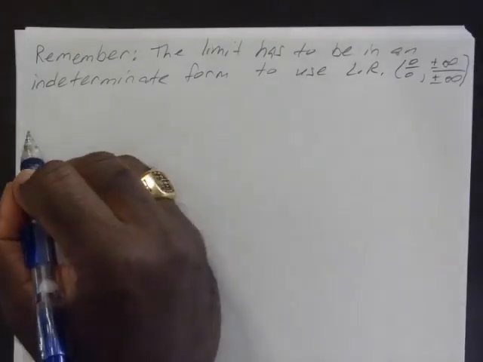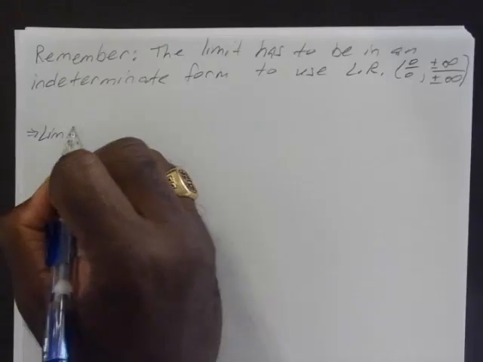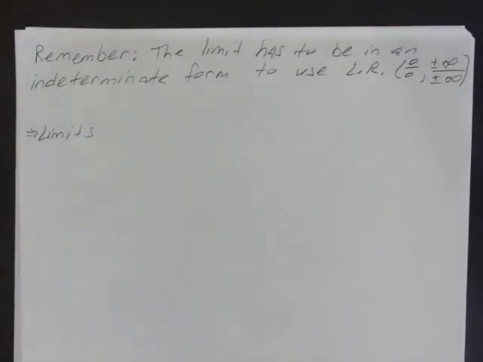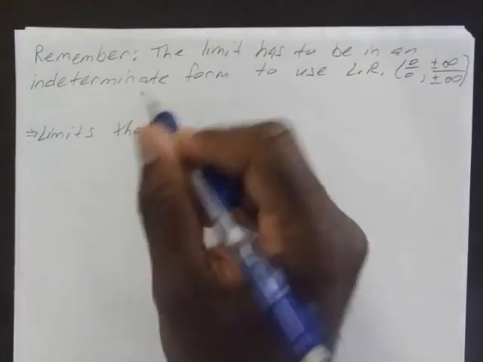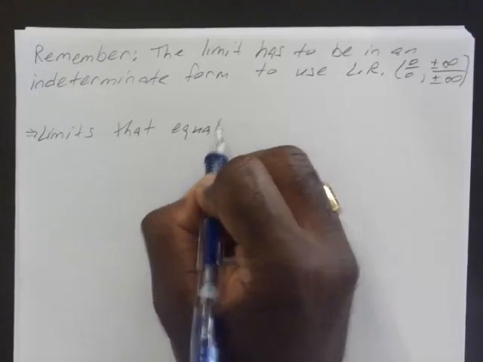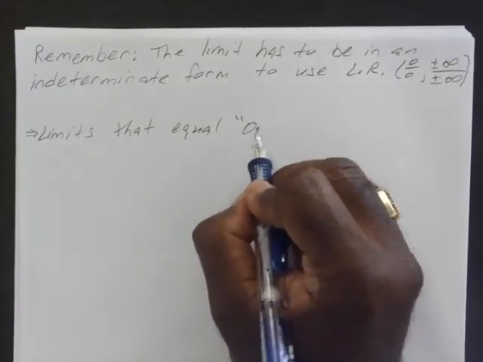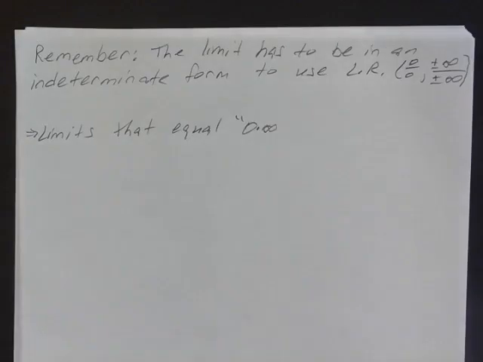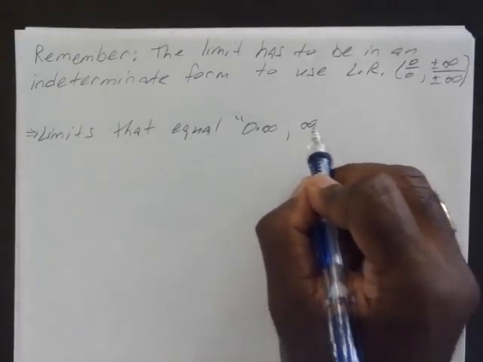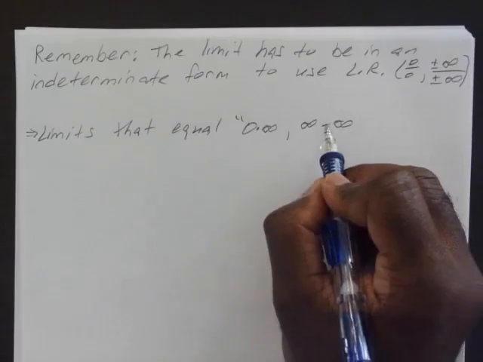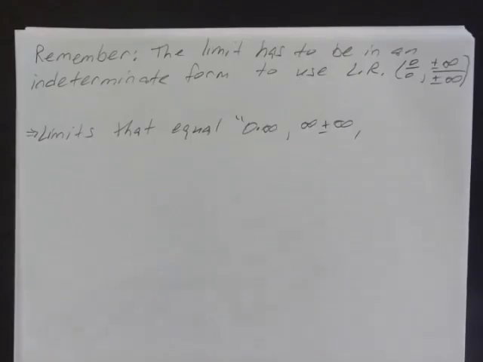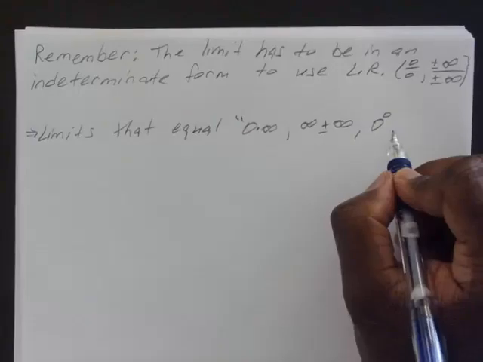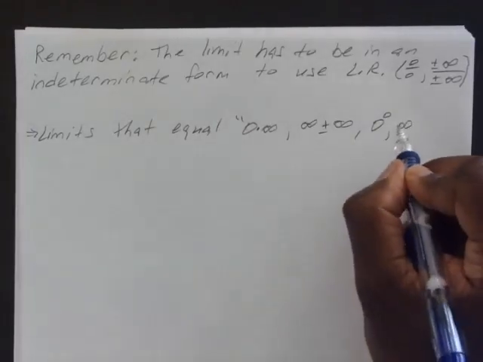Okay, so all that means is that if you have limits and you use direct substitution, and you end up with, let's say, 0 times infinity, or infinity minus infinity, or even plus or minus infinity, because both of them could result in it, or 0 to the power of 0, or infinity times infinity.